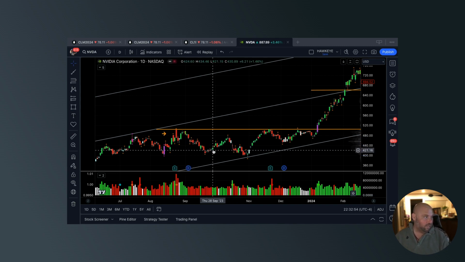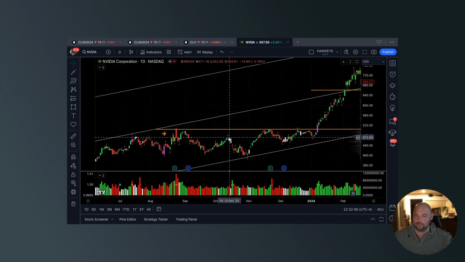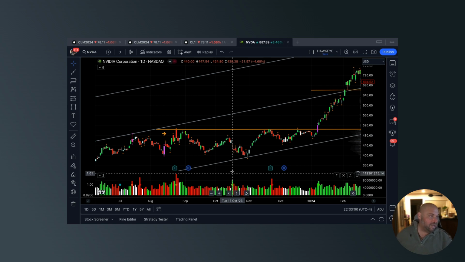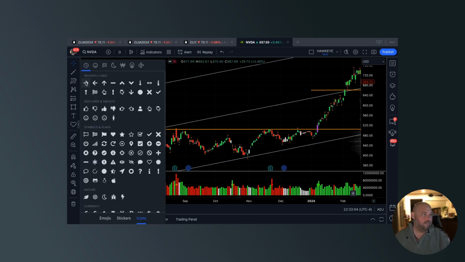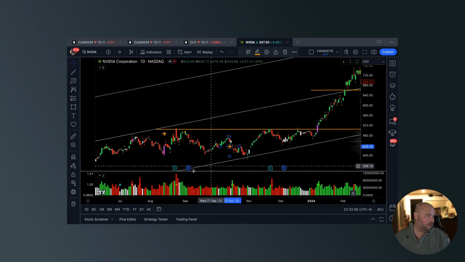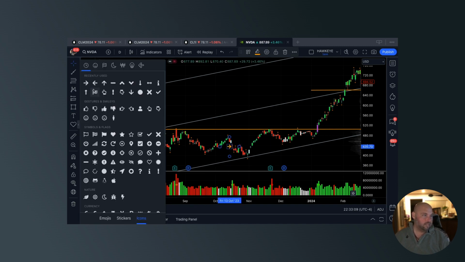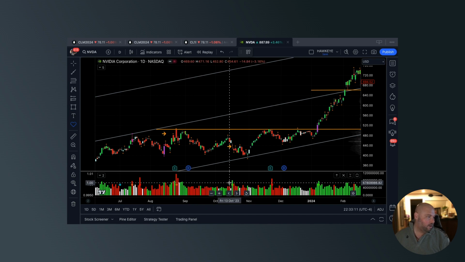In fact, look at this buying candle right here on this specific day, and take a look down below at that high buying volume. Did the candle advance?